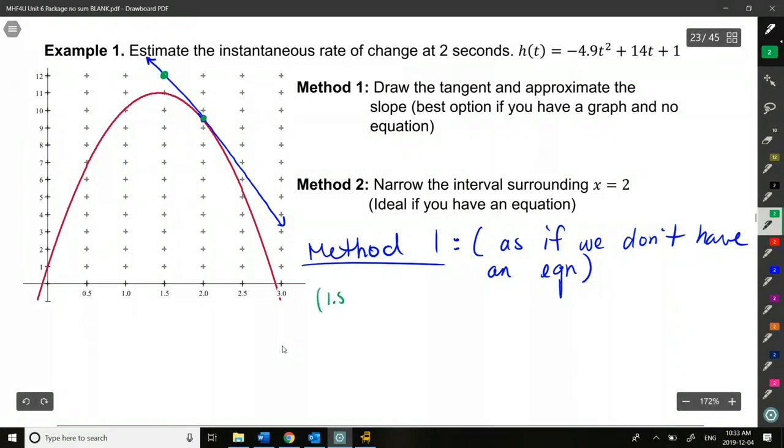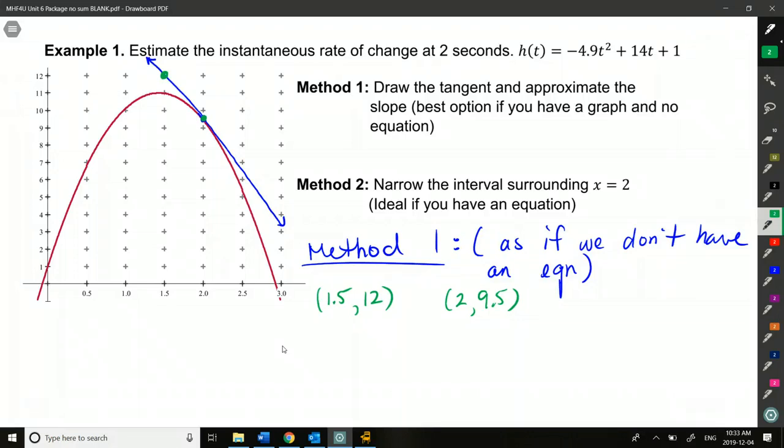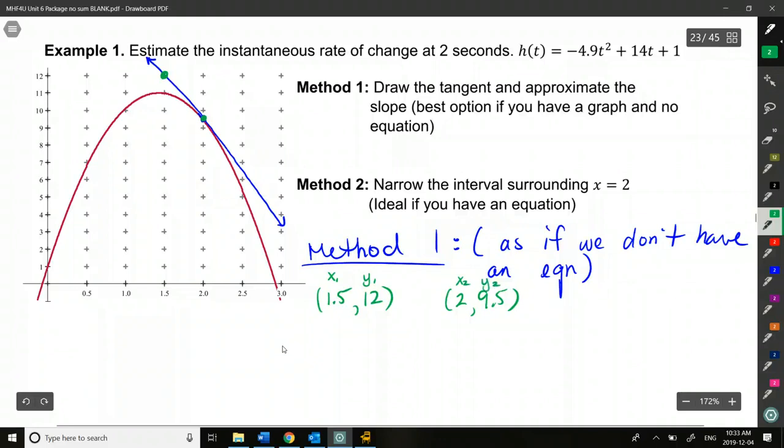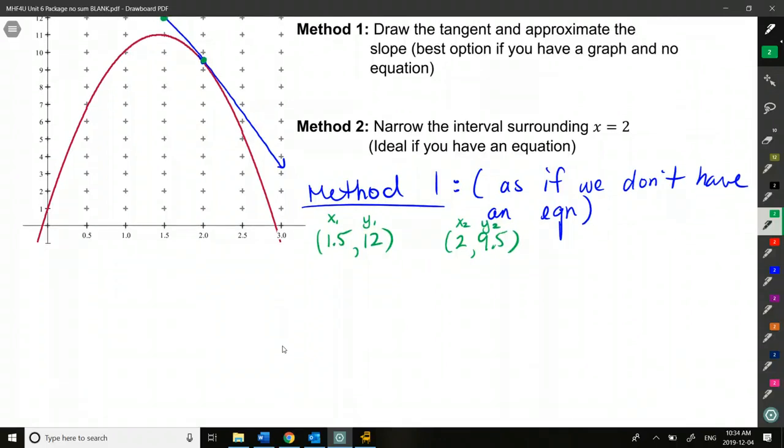So I'm going to use the point 1.5, 12 and 2, 9.5. Again, I'm just estimating these points, and I'm estimating how that tangent line kind of grazes the outside of that graph. So we'll use this instead as our x1, y1, and x2, y2.